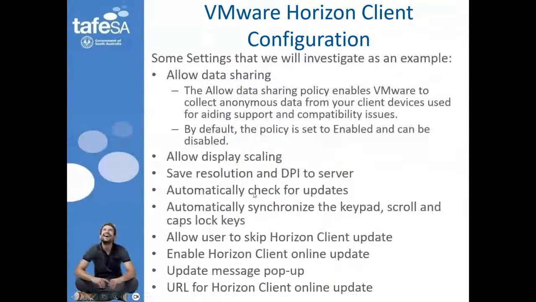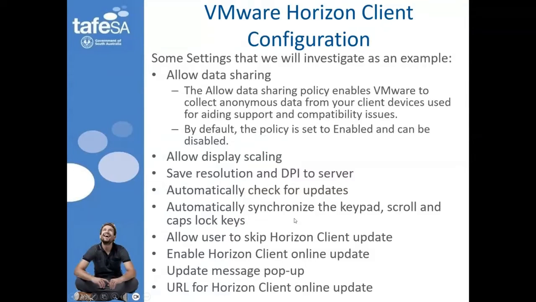All right, so we were up to the check for updates. Yes, the Horizon check for updates. Basically, the Horizon client will check for updates because, like any software, it needs to be updated occasionally. The other one is synchronize keypad, scroll lock and caps lock.